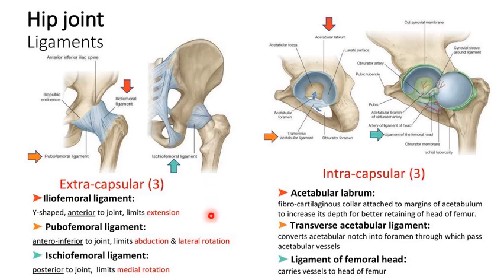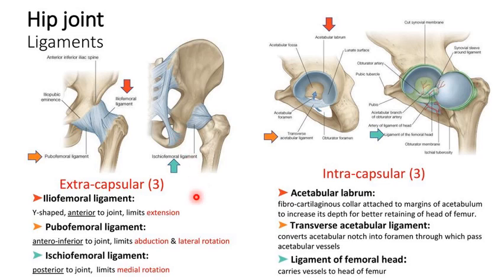So these three are the three extracapsular ligaments which attach the femur to the three different parts of the hip bone, the ilium, ischium, and pubis.